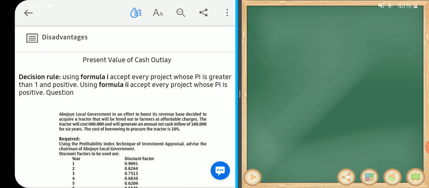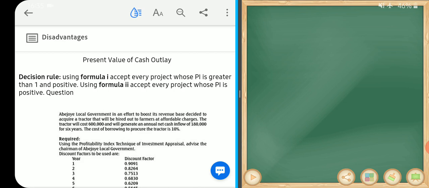Now, what is our decision rule? If you are using the first formula, which is present value, you accept the project if the answer you got is greater than 1 and is positive. The answer must be greater than 1 and it must be positive.